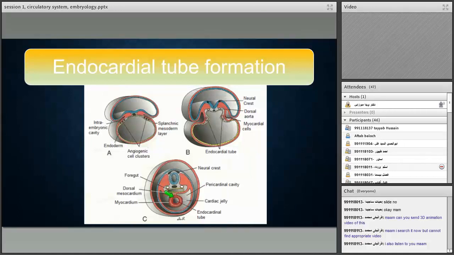There would be a dorsal mesocardium which is connecting the endocardial tube to the dorsal wall of the body. This is called dorsal mesocardium. So the heart tube is connected to the dorsal wall by the dorsal mesocardium, on the dorsal side of the pericardial cavity. But there is no ventral mesocardium.